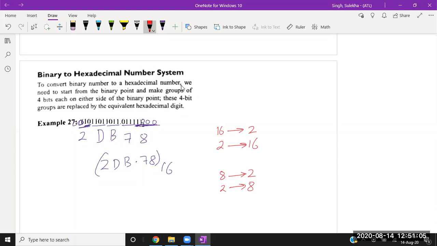Now we will convert either 10 to 16 or 8 to 16 or 16 to 8. For this conversion you can follow two things. Either you can go to base 10 then base 16, or you can go to base 2, because you already know 16 to 2 conversion, and from base 2 you can go to base 16.